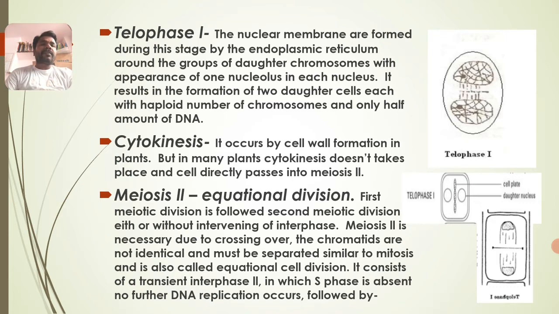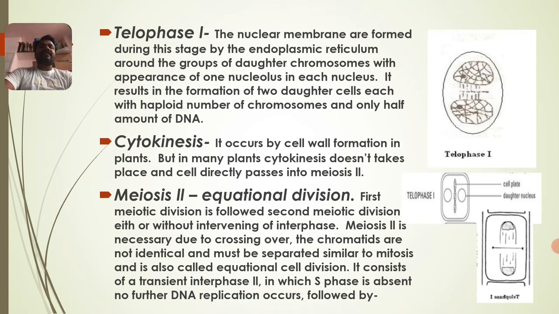In the upper and also the lower cell, there is a formation of a cell plate, and above this cell plate there is one nucleus and below it another nucleus, each covered by a nuclear membrane. The cell plate extends, and it results in the formation of two daughter cells, each with a haploid number of chromosomes and only half the amount of DNA.